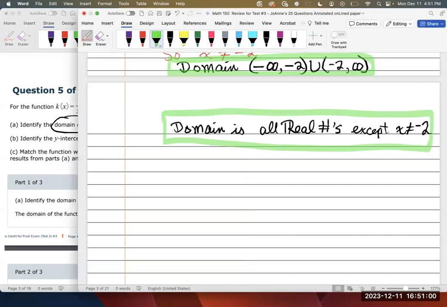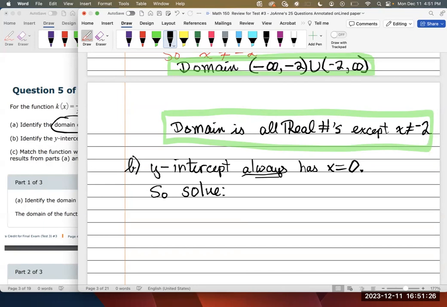Identify the y-intercept. The y-intercept is where your graph crosses the y-axis. The y-intercept always has a coordinate where x equals 0. So you're going to solve, instead of k of x equals 1 over x plus 2, solve that for x equals 0.